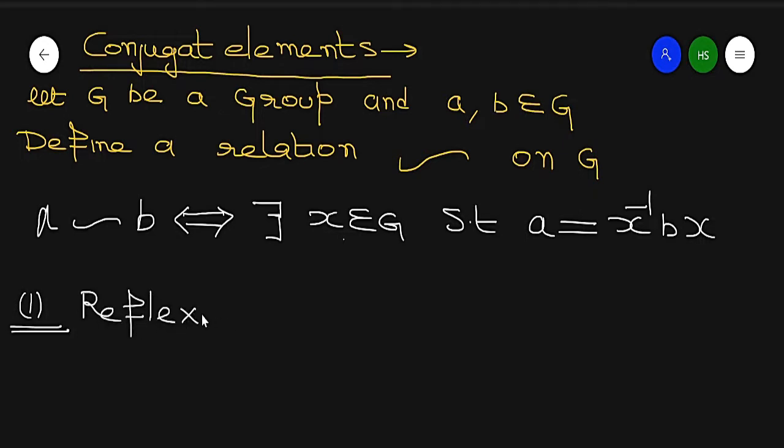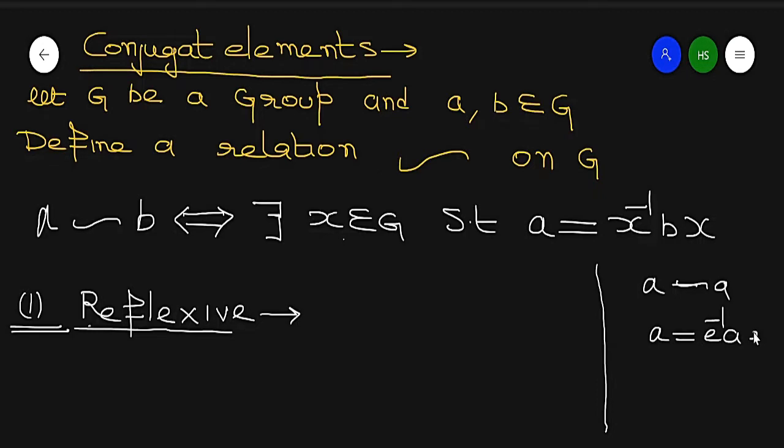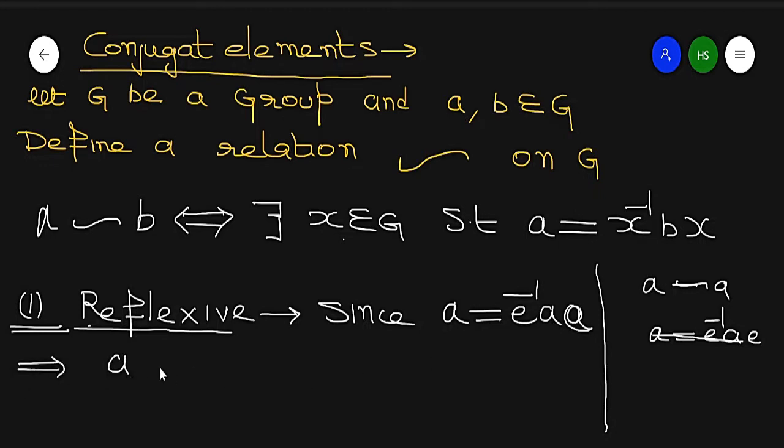It means to prove that any element is related to itself, that A is related to A. Just think of it as rough work: A is related to A means A should be equal to E inverse A into E. Since A is some element, it can be written as E inverse A into A into E. So A is related to A.